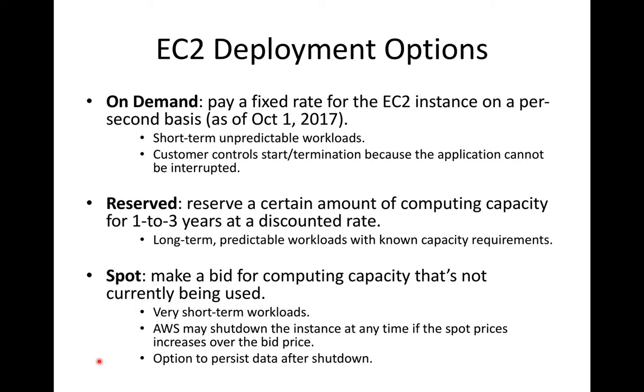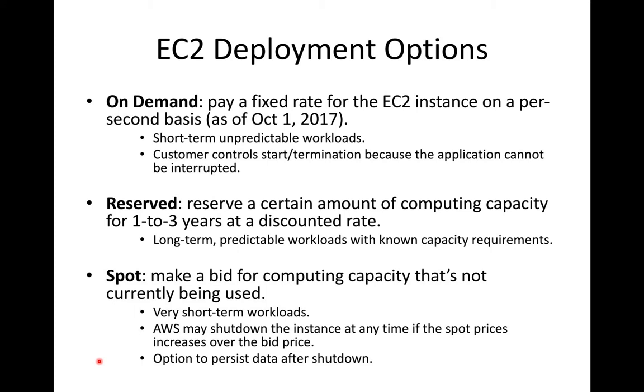On-demand instances are designed to support short-term, unpredictable workloads. Most of the workloads that I configure in practice are generally on-demand type instances, and these are instances that generally don't live very long. In most cases, they might live at most a week or so.